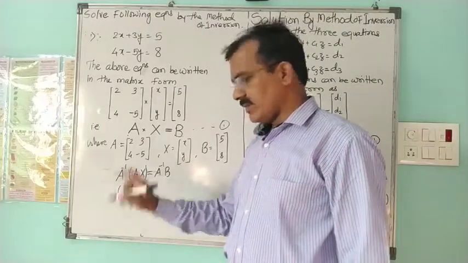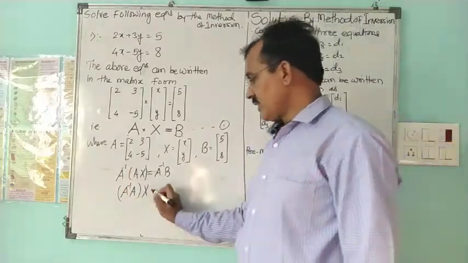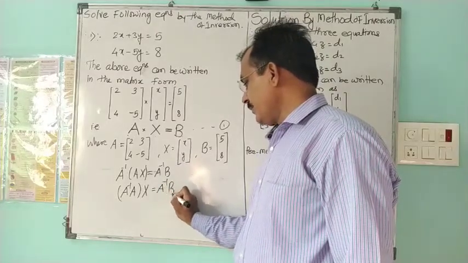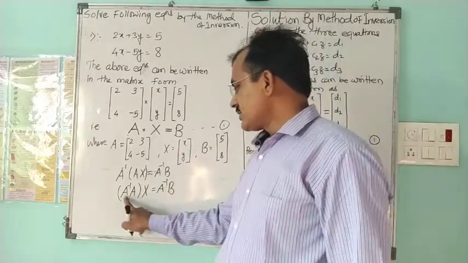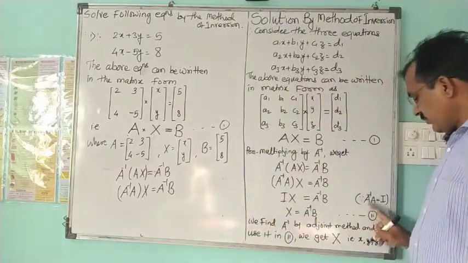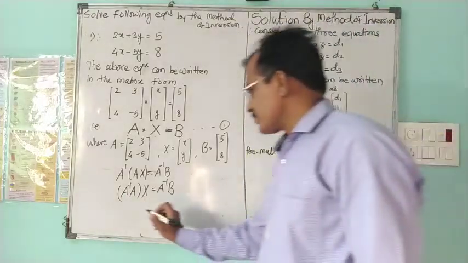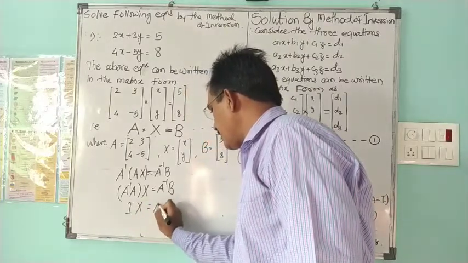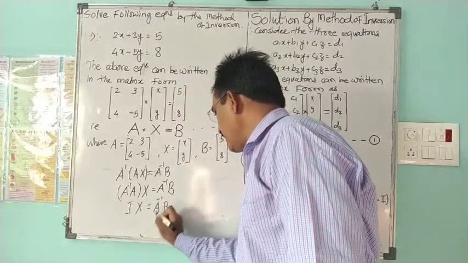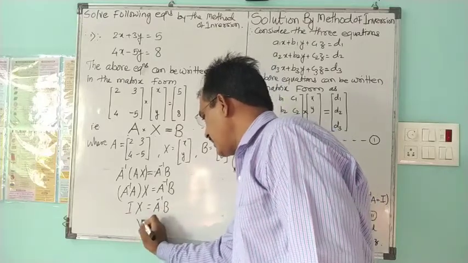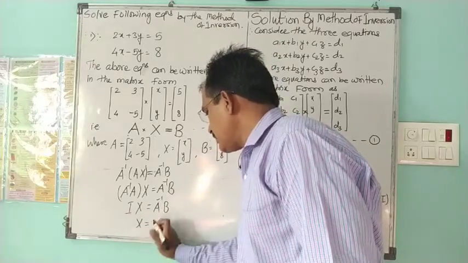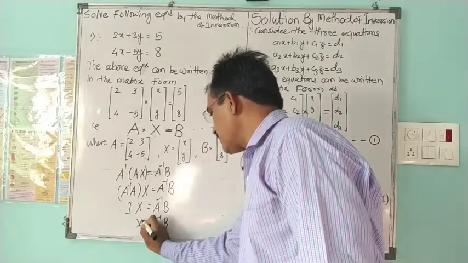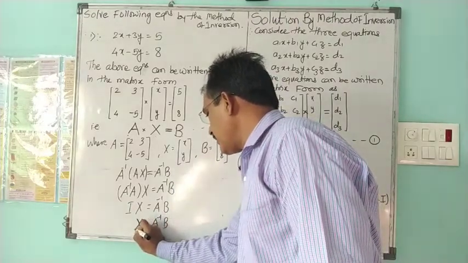So A can be taken with the A inverse into that capital X is equal to A inverse into B. Now as we have already said, A inverse into A is I. So this can be taken as capital I into X is equal to A inverse into B. So I is a silent matrix for the multiplication, and that's why this A inverse into B gives us the value of the capital X matrix.